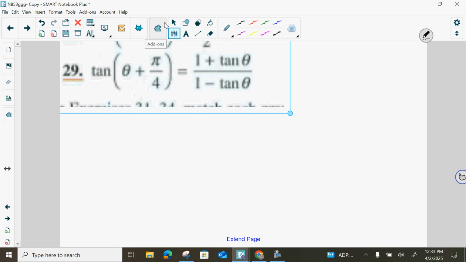Tangent sum, tangent of the first, tangent of the second, over 1 minus them multiplied together. You match the top and you switch the bottom.